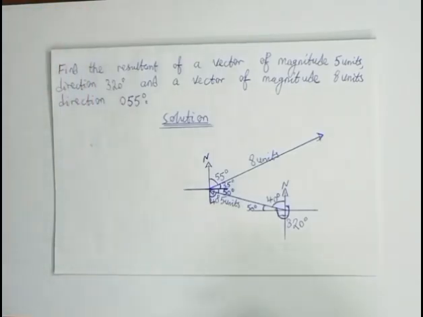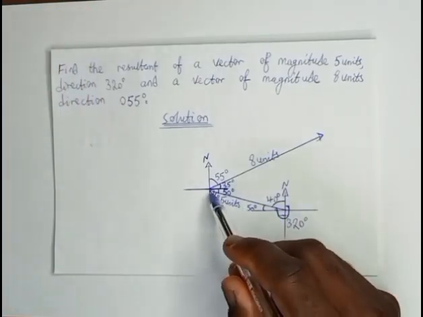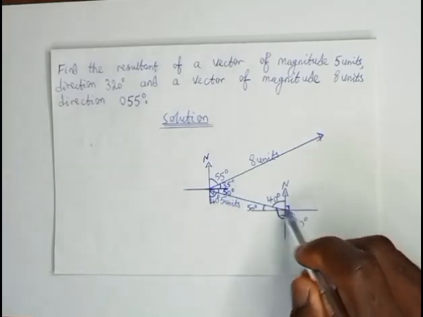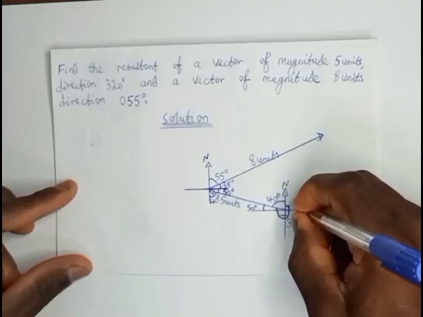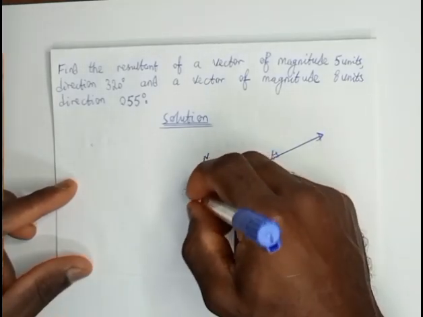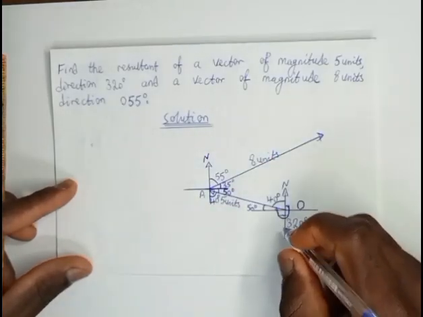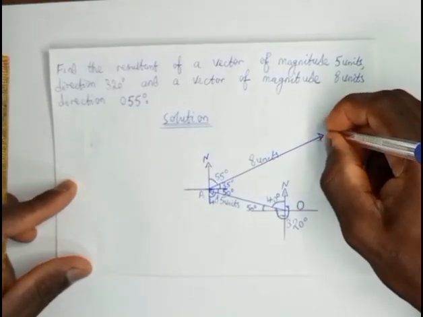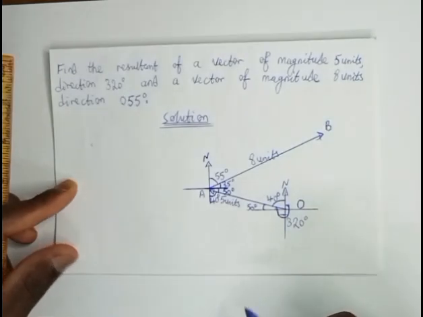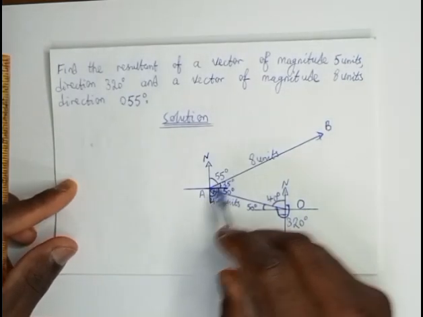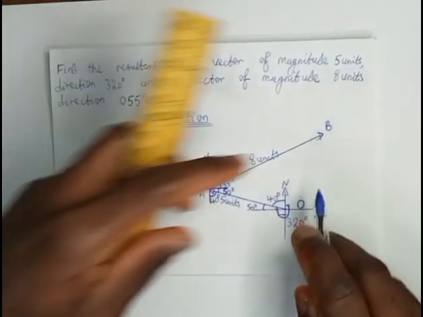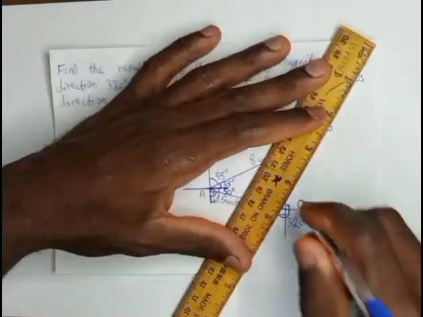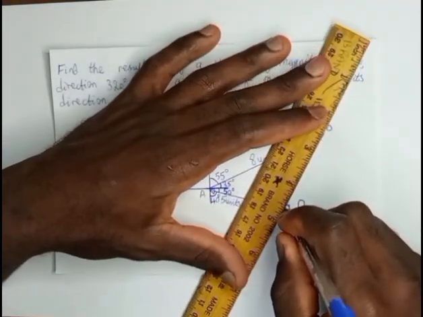The resultant vector moving from this point, let's call this point O, to this point A, then to this other point B: O, A, B. The resultant will simply be from O to B directly.